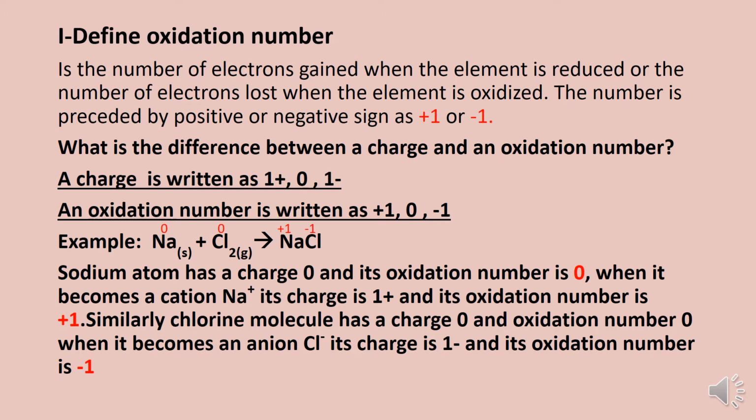Similarly, for chlorine, Cl2 molecule, it has a charge of 0 and oxidation number 0. When it becomes an anion, Cl-, its charge is 1- and its oxidation number is -1.